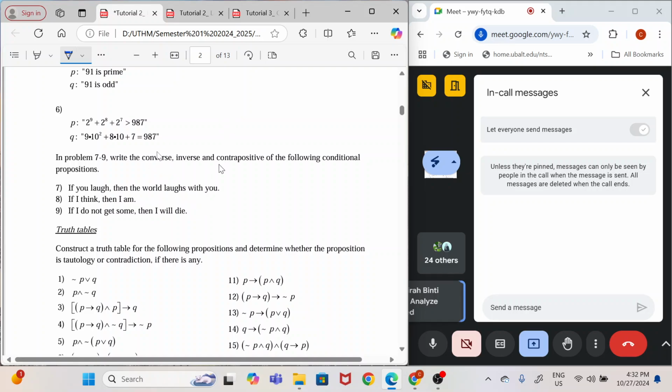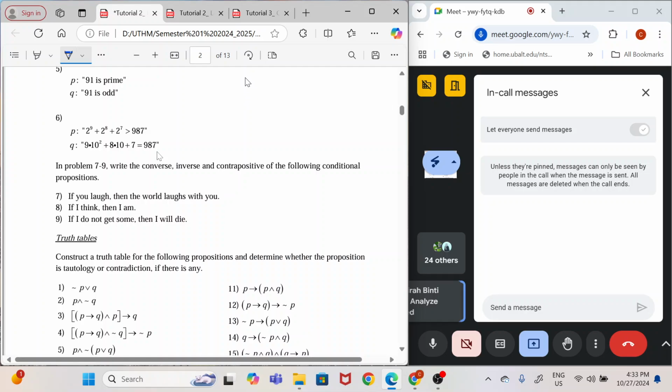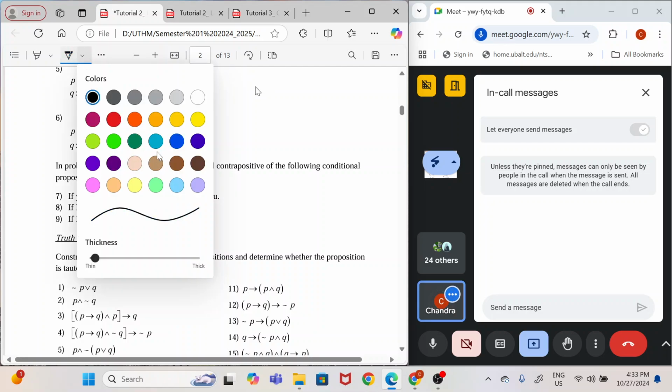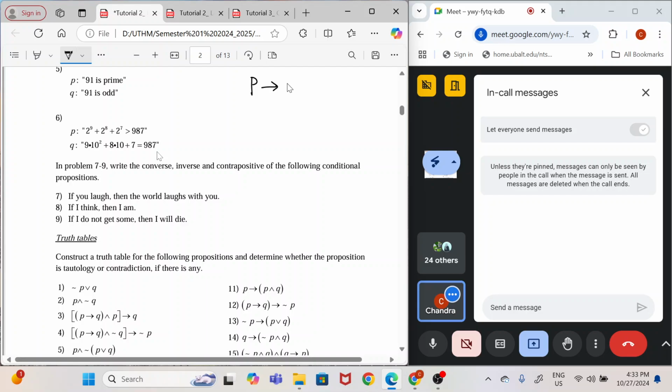Converse is, to recall back, let's say P implies Q. For converse, it is Q implies P. If it is inverse, then that is not P implies not Q. You can see the notes.